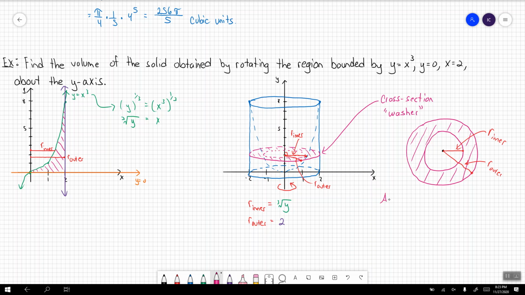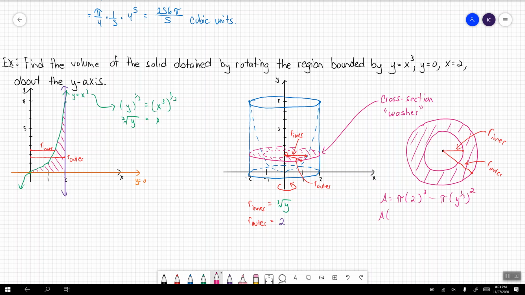Finding the area of the cross section, we're going to take the difference between the two: the area made by the outer circle minus the area made by that inner circle. So I'm going to take the area of the outer circle, which is pi times the outer radius squared, minus pi times the inner radius, that's y to the power of 1/3, quantity squared.